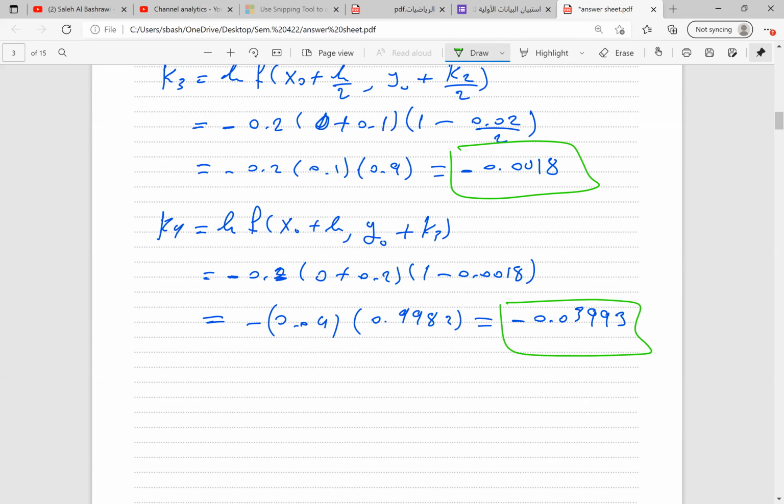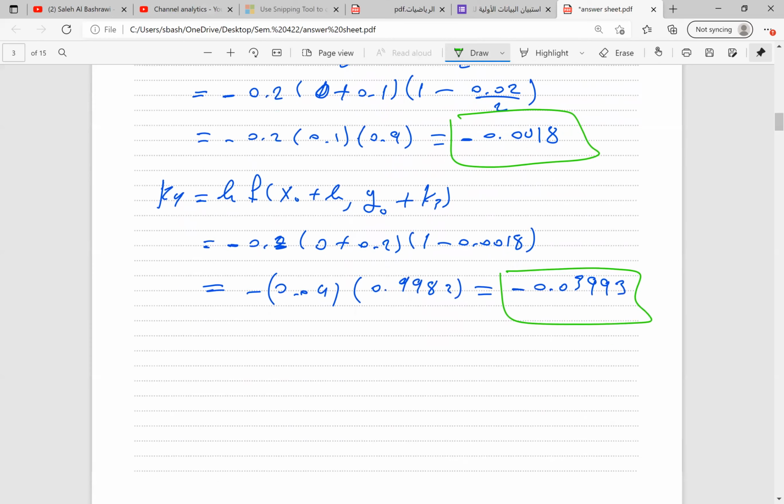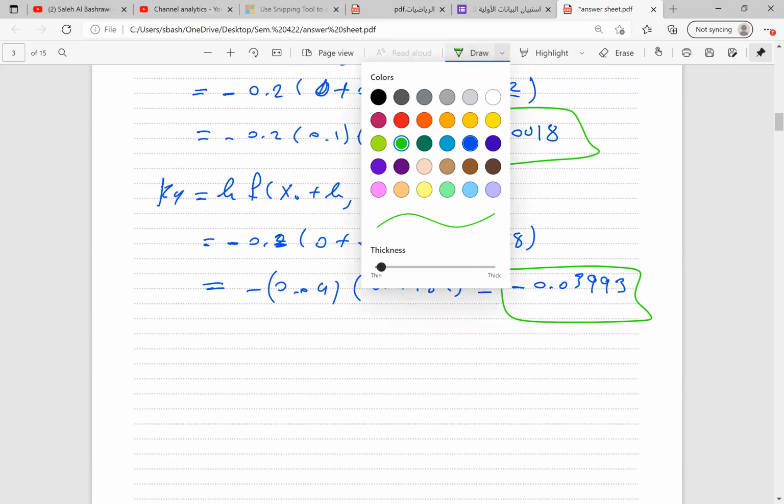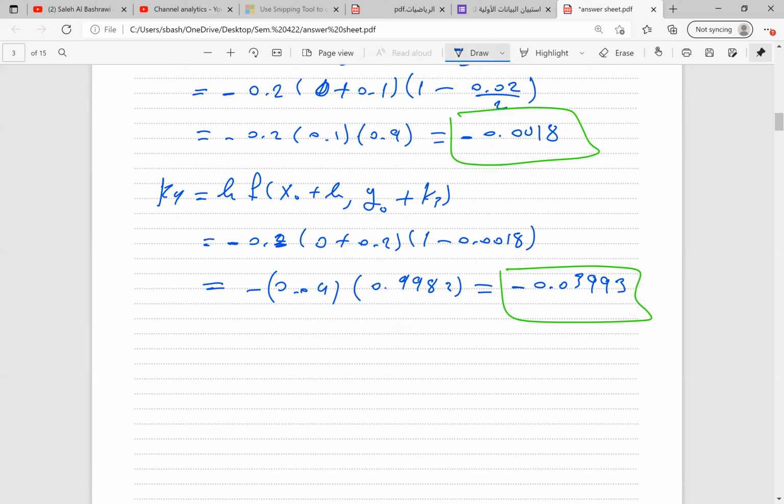Now I have k1, k2, k3, and k4. We can find y sub 0 and y sub 1. y of 0.2 is the first iteration, because as I said, h is equal to 0.2. So to move from 0 to 0.2 is one step.